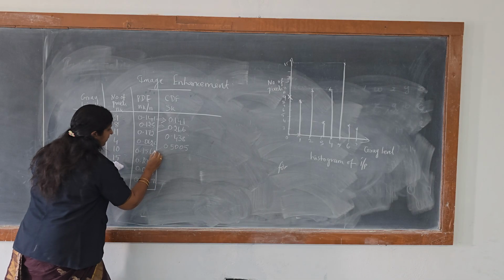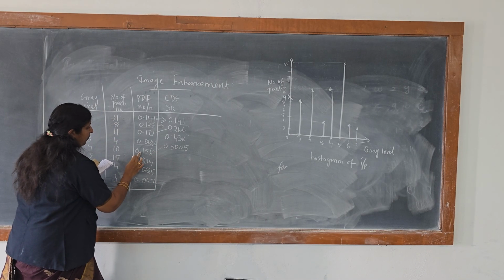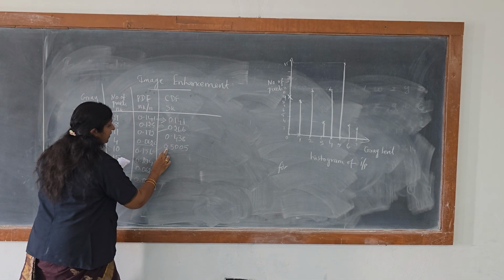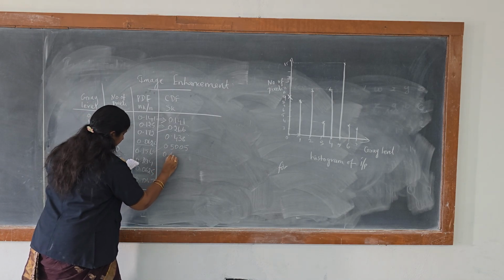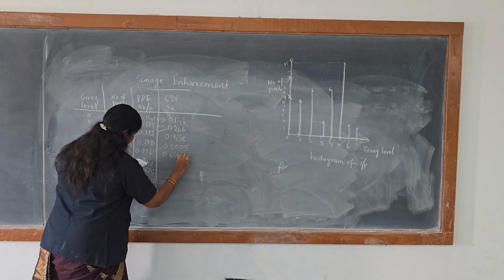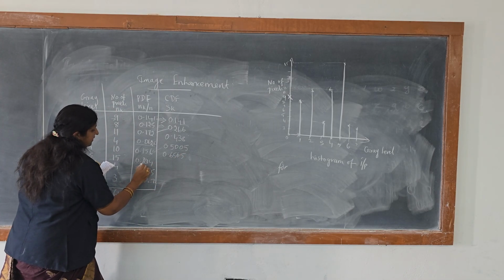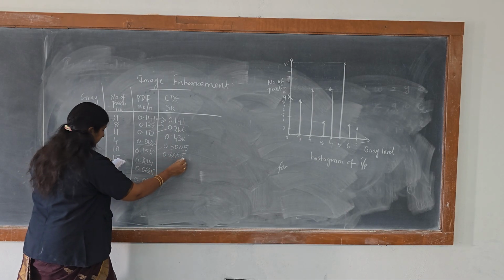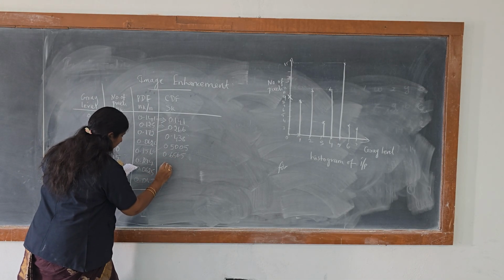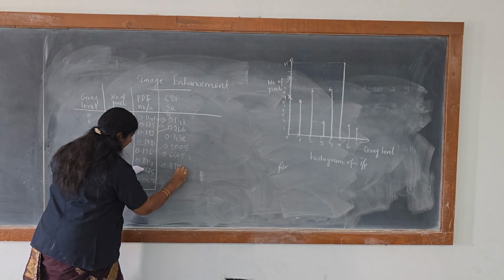Again add this value with the previous value, that is 0.156 is added with 0.5005, you will get 0.6565, and again add this value with the previous cumulative value 0.6565, you will get 0.8905.